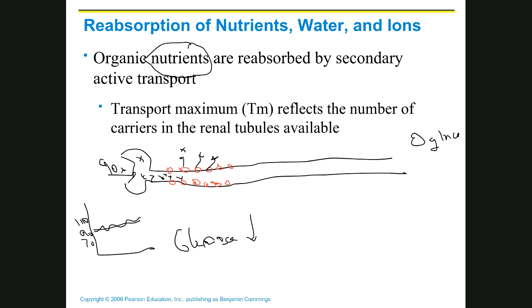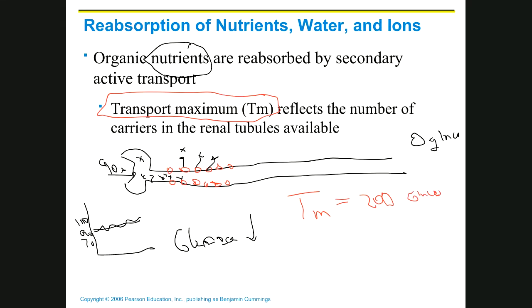That number is called the transport maximum, or the TM value. And I don't know what the TM is, but let's say it's 200. So in other words, I can reabsorb up to 200 glucoses per minute.